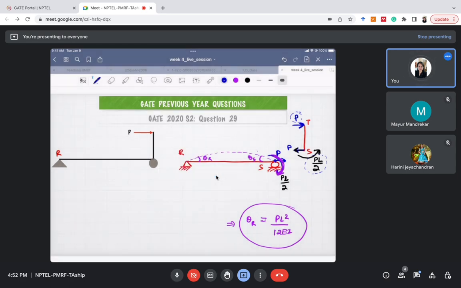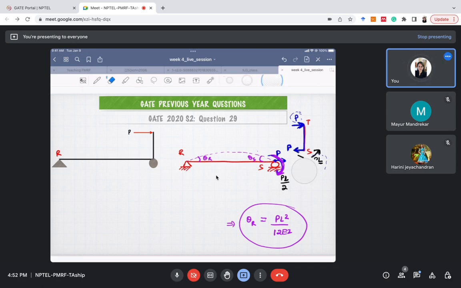So this was the load P applied. In the second end I have applied this load P, but this load P is also causing a moment, because it is trying to rotate this thing. If I had not applied this PL by 2 here, this part would be rotated. It has formed a couple.